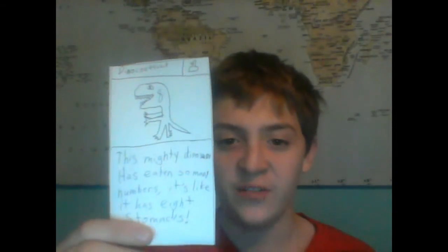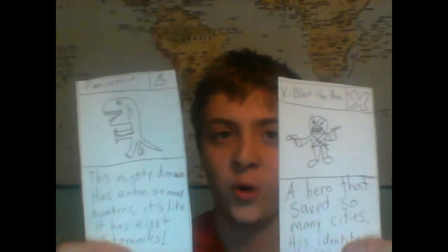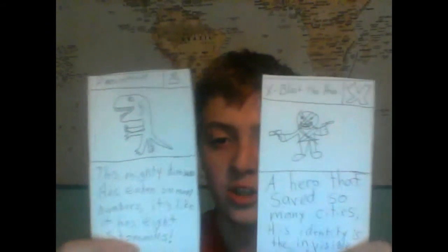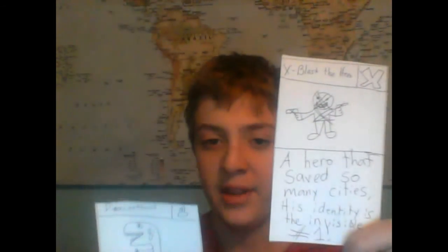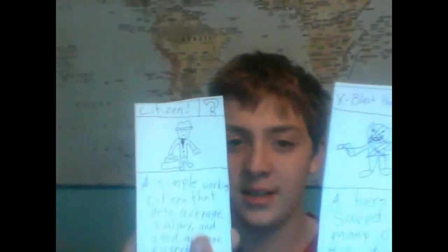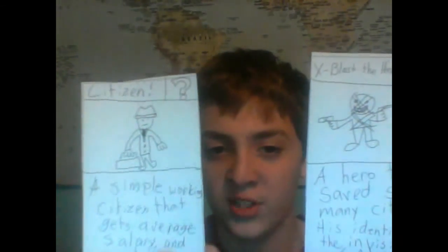Dino Coefficient is invading the city. The only way to stop it is for X Blast the hero to use additive inverse and cancel out Dino Coefficient, therefore saving the answer card, or the citizen.